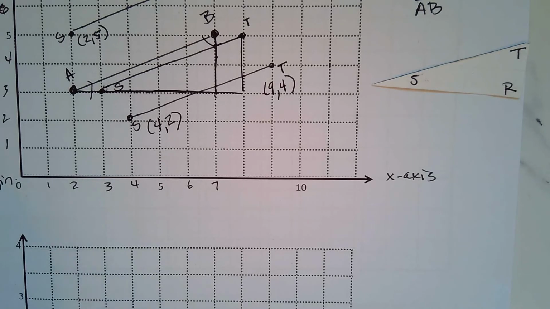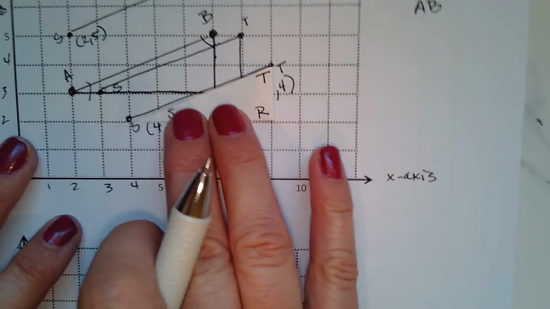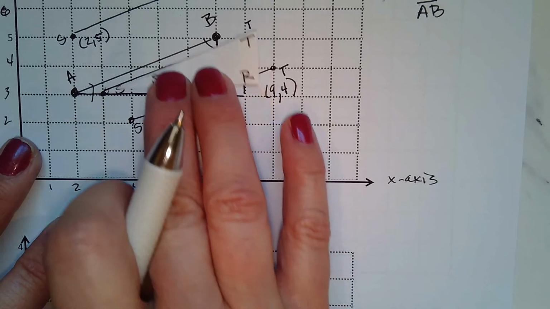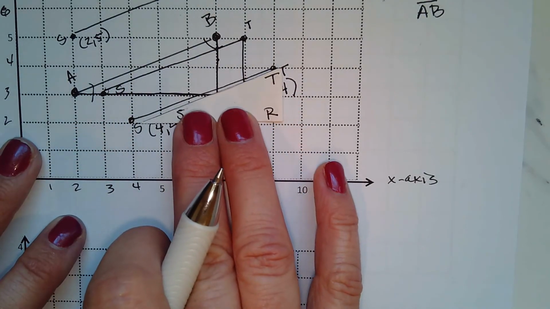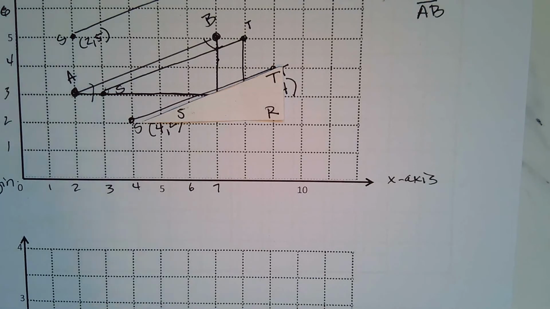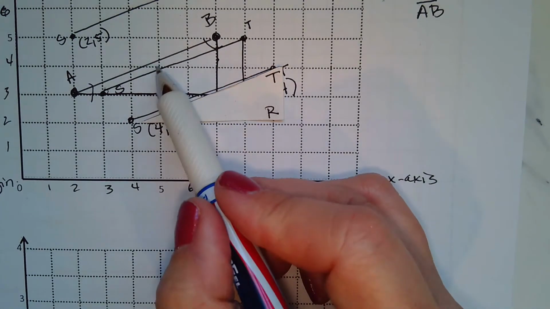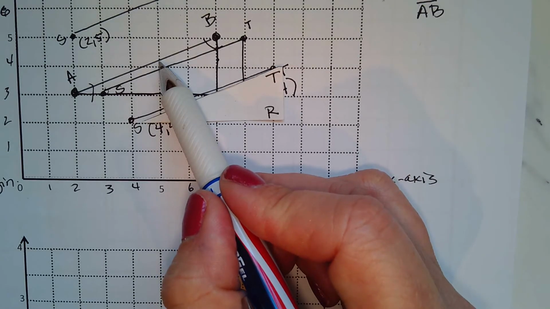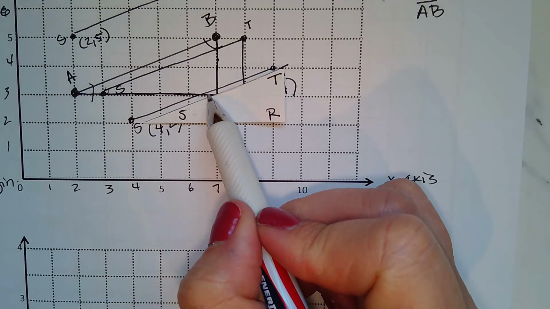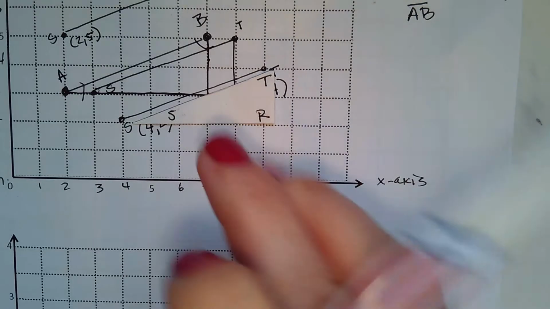Question, are they parallel? How do you know? Explain it to yourself. Tell yourself right now how you know. Are they parallel? Yes. So are AB and ST parallel?